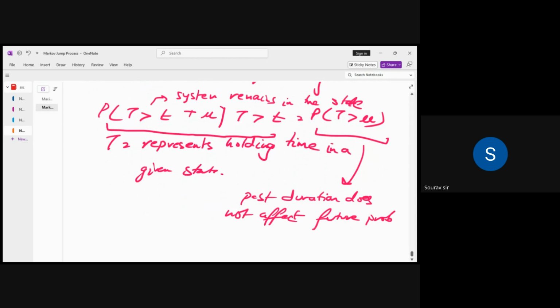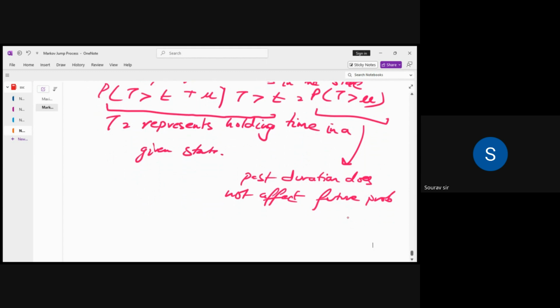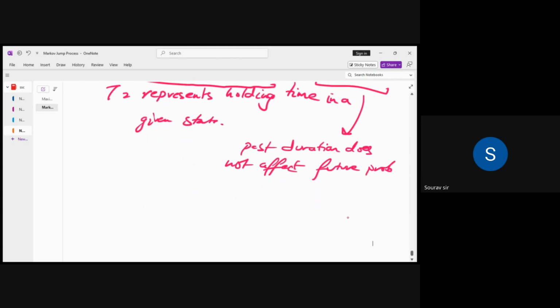So the time until the next transition does not depend on how long the system has been in the current state. Holding time in a time homogeneous Markov process must follow an exponential distribution to satisfy this property. The exponential nature ensures that the probability of transitioning only depends on the rate and not on when the system entered the state. Your main thing is the rate.